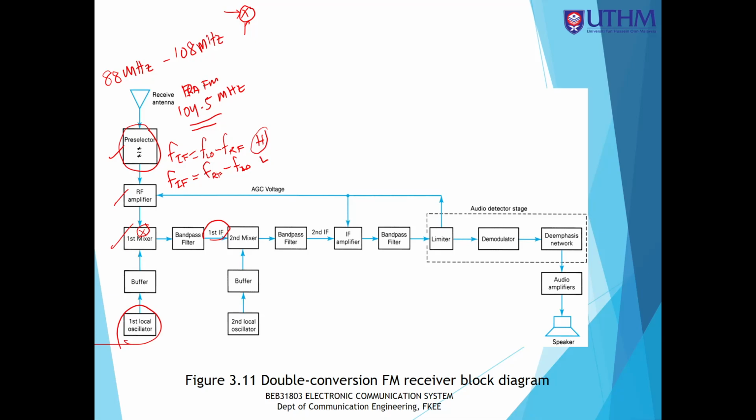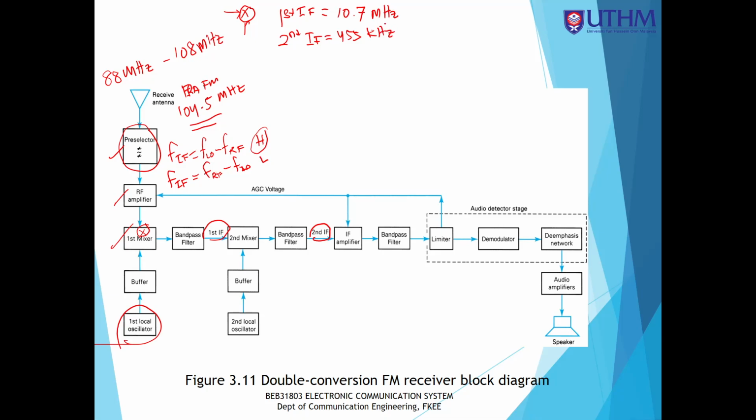In FM there are two intermediate frequencies. The first IF is equal to 10.7 megahertz. And the second IF that we want to produce is 455 kilohertz.